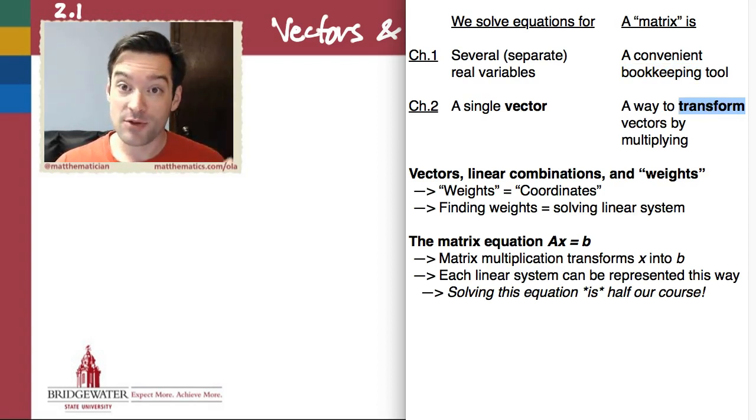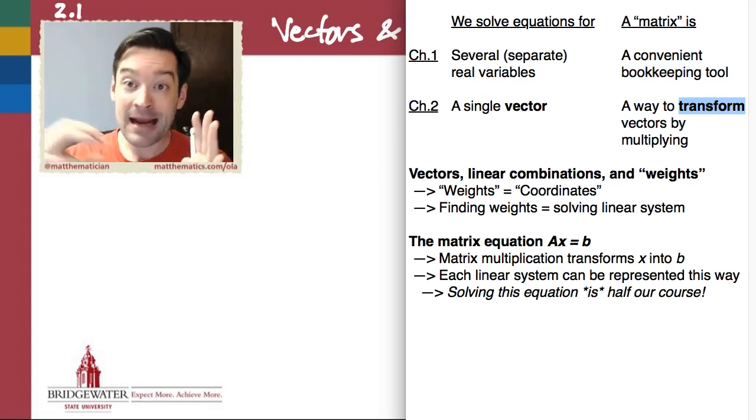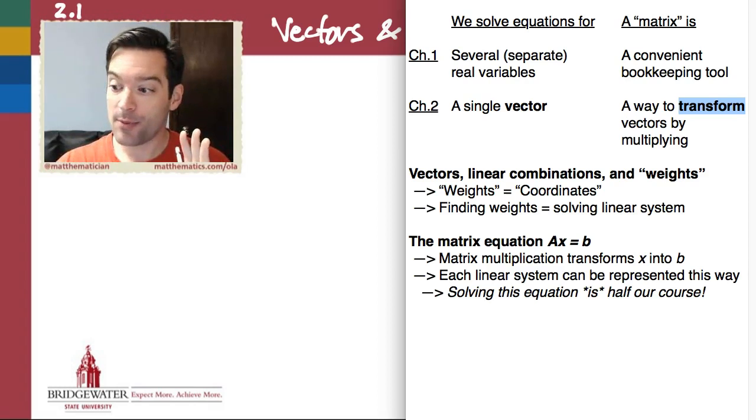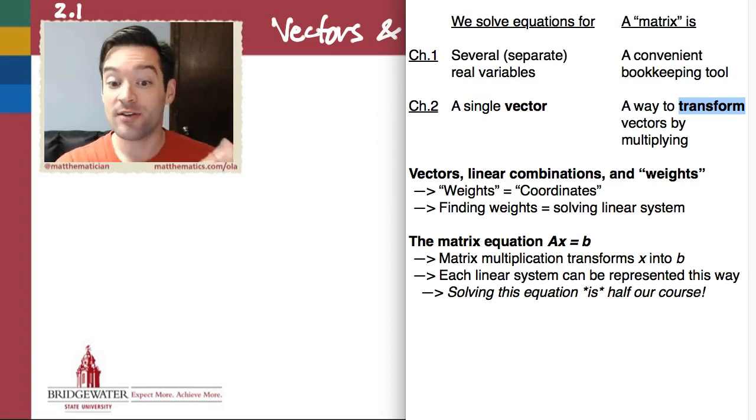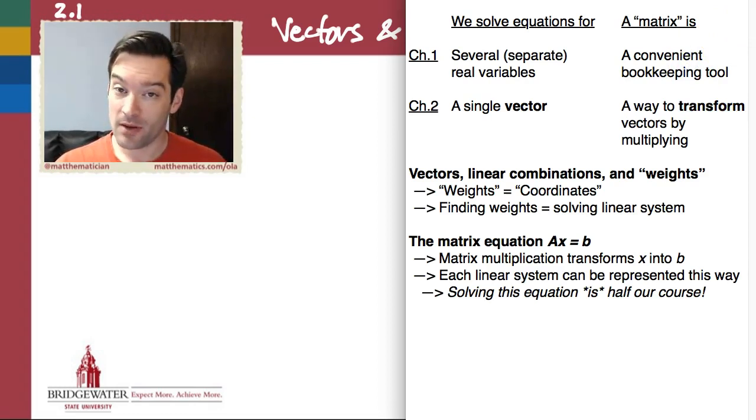We want to make a matrix something that's capable of acting upon a vector, something capable of, in a real sense of algebra, multiplying a vector to transform that vector into something else. So that's the way our understanding is going to evolve here. Linear algebra and the equations that define it are not about collections of variables, but about single entities called vectors. And matrices are not just a convenient way of keeping score; they're the primary way in which vectors get moved around in linear algebra.